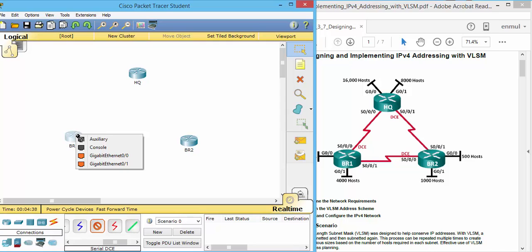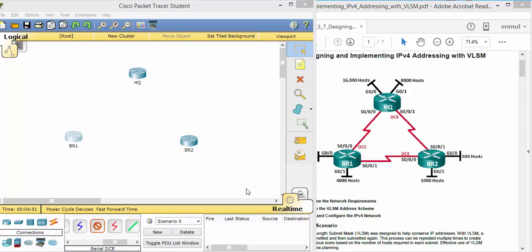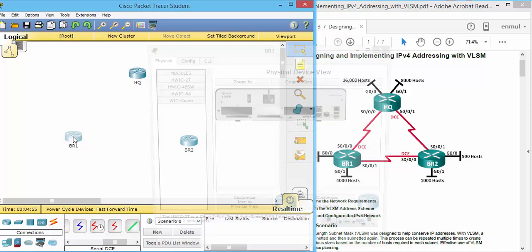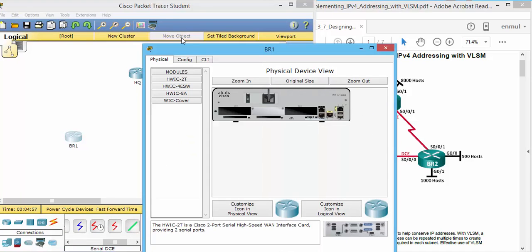I forgot to add the serial module here first. We click here and we add this module.